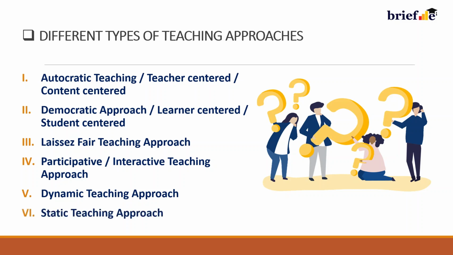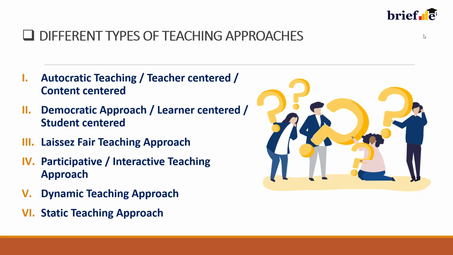Static teaching approach, simply there is no movement in it. Students will sit at a particular place and listen to everything the teacher gives as information. For example, we have some Indian maps or world maps on charts, and those charts will be fixed on the walls of schools.